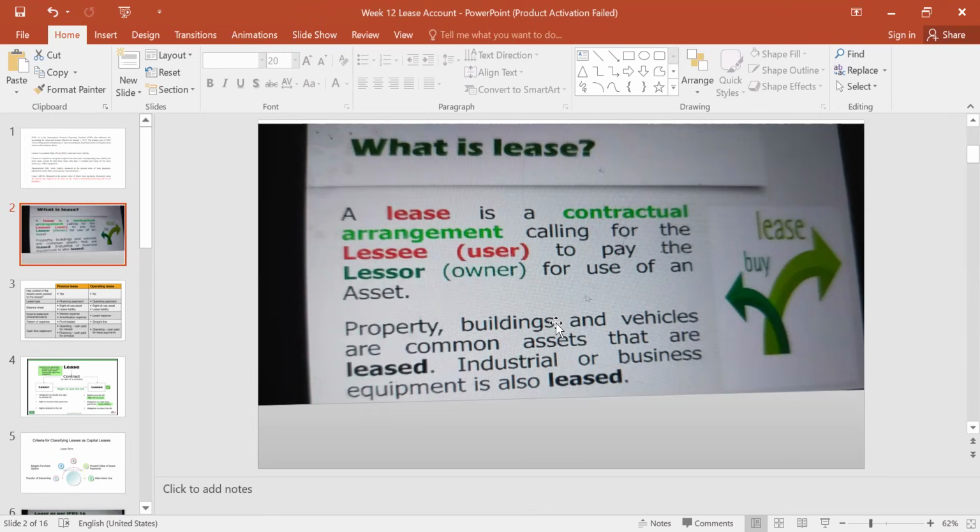Property, building, and vehicles are the common assets that are leased. Industrial or business equipment is also leased. So this is the very basic concept of lease.